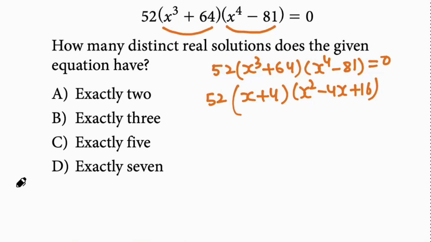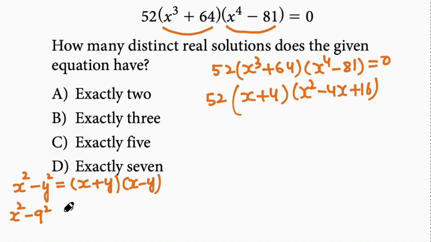x to the 4 minus 81. For that, we are going to use the identity because there is a negative sign in between. x squared minus y squared is equal to x plus y times x minus y. Now this 81 is the square of 9. So I'll write it as x squared minus 9 squared, which is x squared plus 9 times x squared minus 9, right?